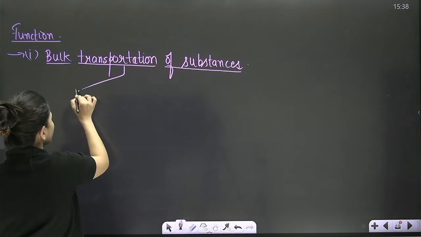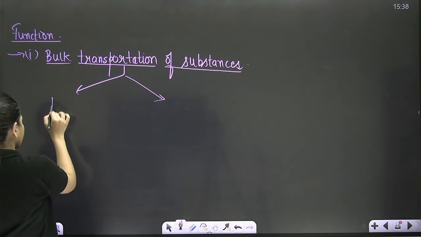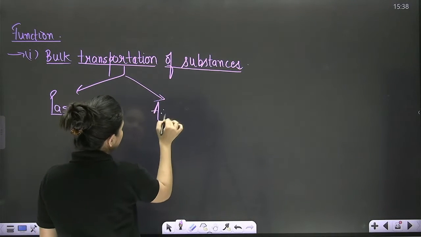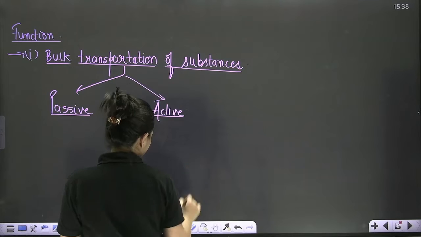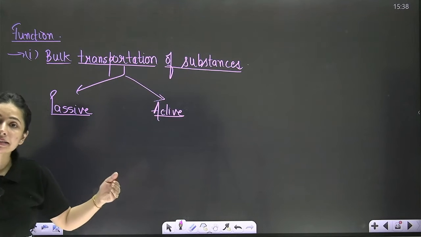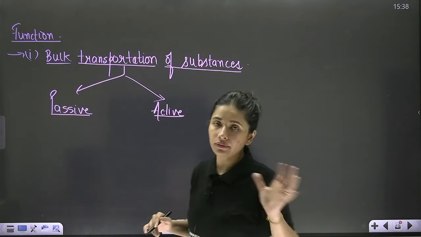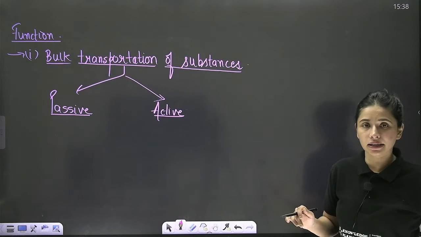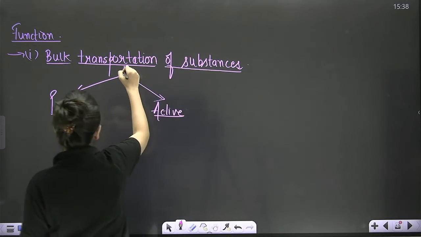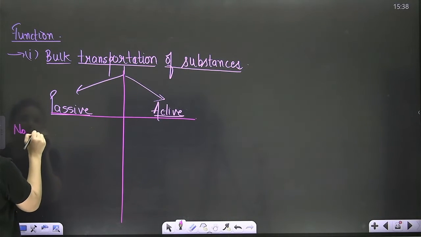Now, this transportation can be done in two ways, either by spending energy or without spending energy. That means active and passive respectively. Now beta, when the movement of substances is done along the concentration gradient, no energy will be required. However, if the movement is done against the concentration gradient, then of course energy expenditure will be required. So passive means no involvement of energy.